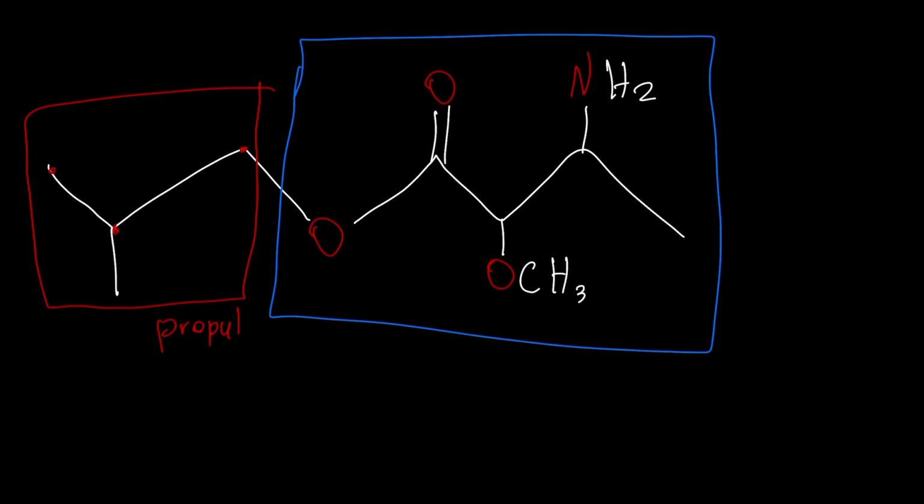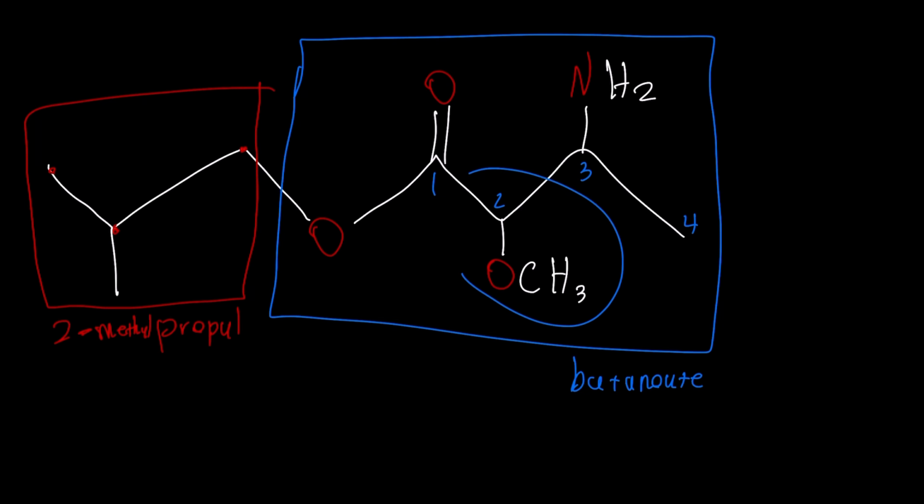But we also have a methyl on carbon 2, so that's 2-methyl. So 2-methylpropyl is going to be the lonely side, and then on the side with the ester, we're going to have 4 carbons in the main chain, and that's going to be called butanoate.